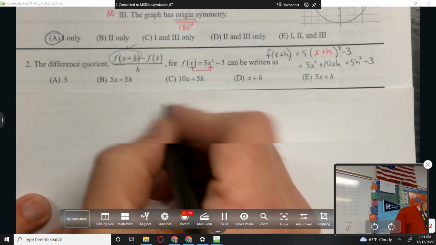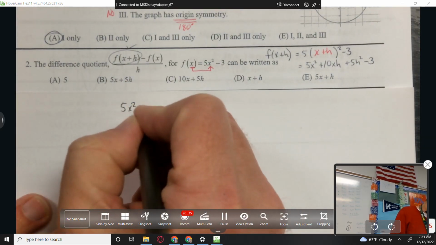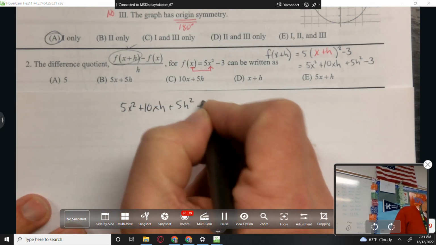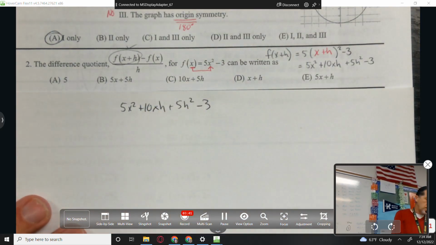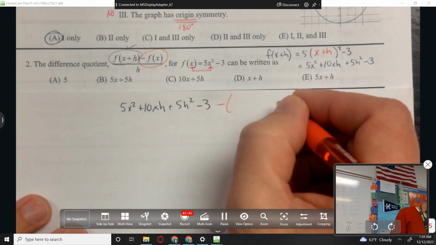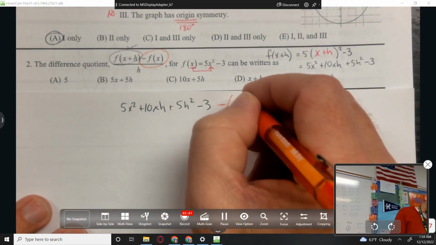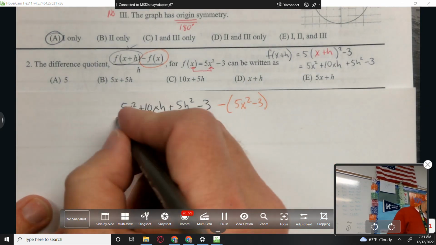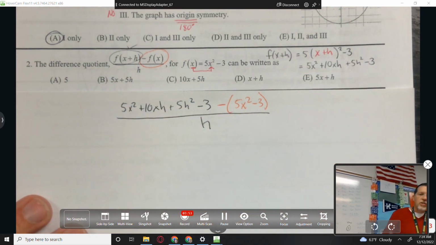So f of x plus h, 5x squared plus 10xh plus 5h squared minus 3, minus f of x, they just told us was 5x squared minus 3, all over h.